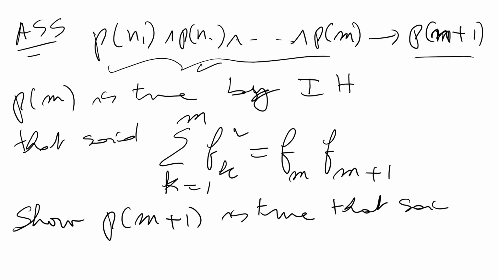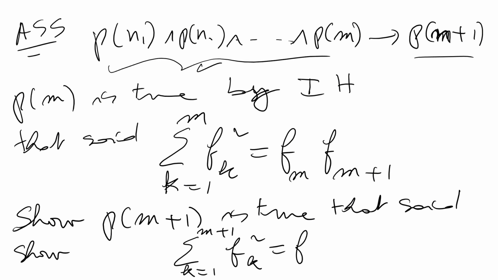That said, show that the summation of k equal to 1 up to m plus 1 of f k square equals f of m plus 1 times f of m plus 2, because I replace m by m plus 1 in this expression.